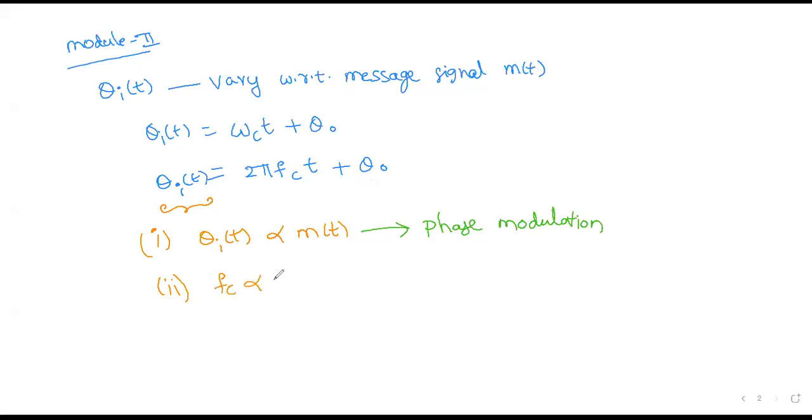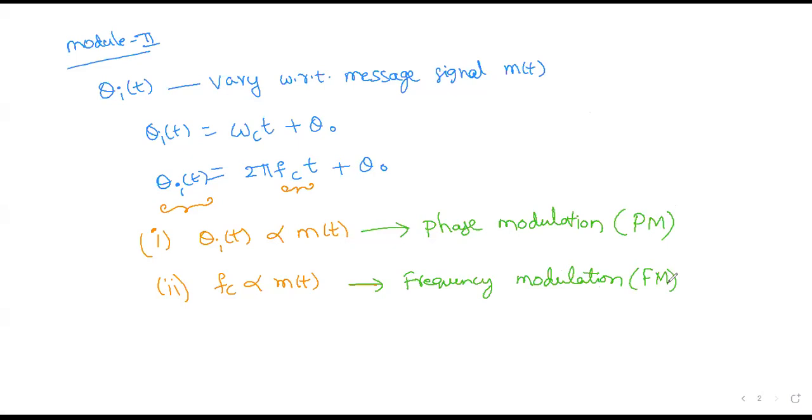What is fc? fc is the frequency of the carrier signal, and if you change fc, obviously theta I of t will also change. This is called frequency modulation. In shorthand, we call this PM, and this FM.